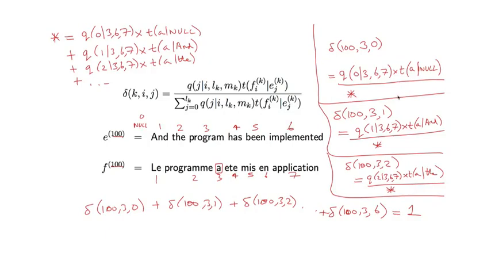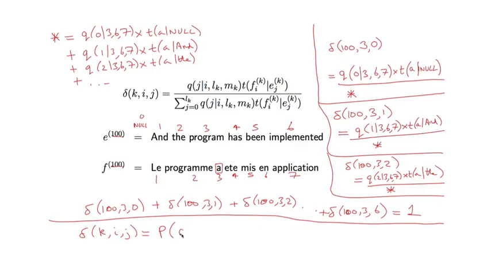So these deltas actually have a very direct probabilistic interpretation, which is as follows. Delta k i j is the probability that the ith French word is aligned to the jth English word, conditioned on the English sentence E k and the French sentence F k under my current parameters T and Q. So I'll write a semicolon here followed by T and Q to mean that we're talking about probabilities under the model defined by our current parameters.